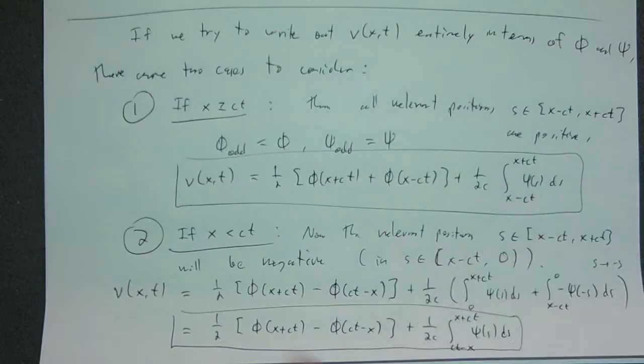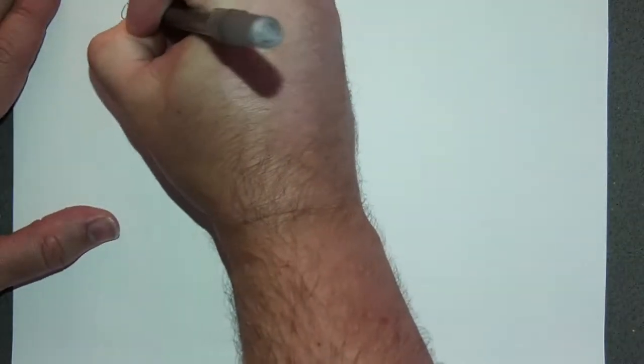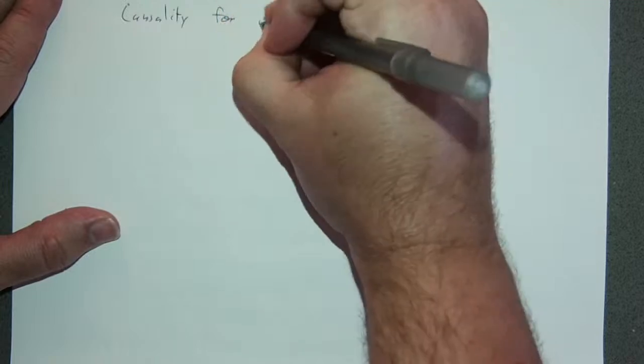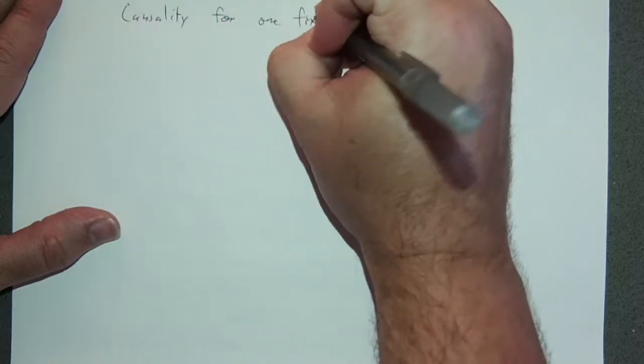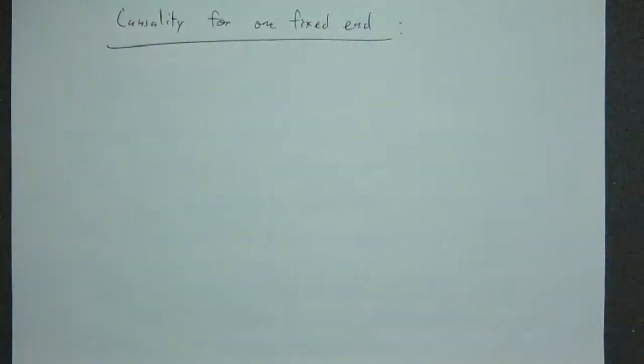So let's use these two formulas and this reasoning that we've done to think about causality with respect to the fixed end. So causality for one fixed end. So what do I have to think of?